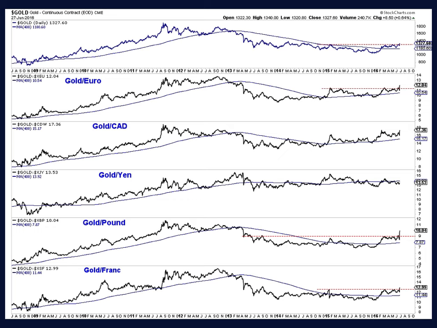But basically, gold is very strong against every currency except the yen. That's because the yen's been very strong, but the yen was very weak a couple years ago. So, relatively speaking, gold priced in yen has held up well compared to where it was in 2011, 2012, 2013.